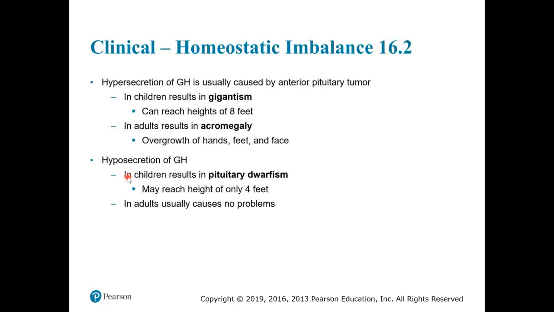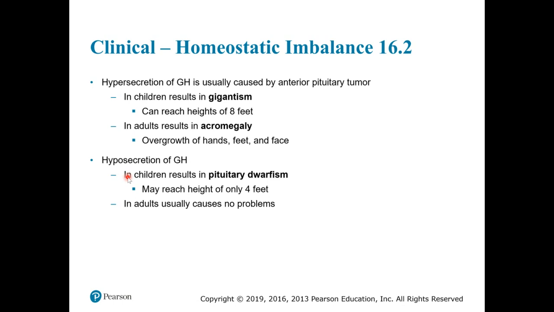Hypersecretion of growth hormone is usually caused by an anterior pituitary tumor, and in children results in gigantism. Maybe you heard of a guy named Tony Robbins, a motivational speaker. I've heard Tony speak. He's very good.